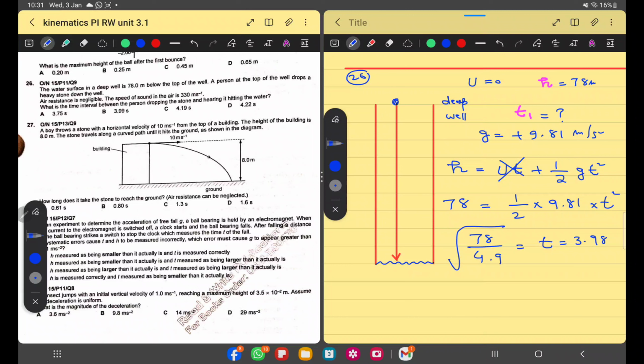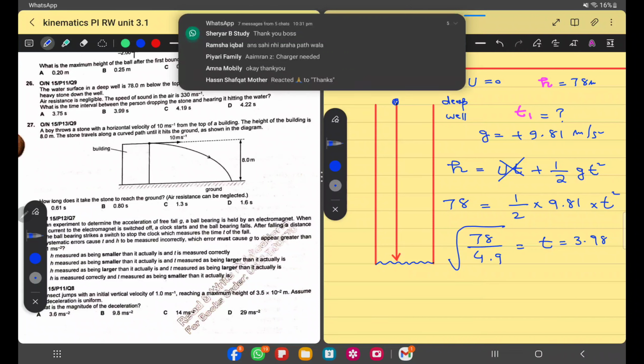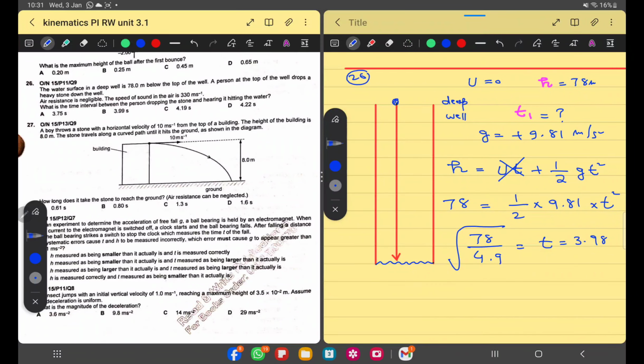When the stone is dropped from the top of the well, it will hit the water surface in 3.98 seconds. And as the stone hits the water surface, it produces sound.